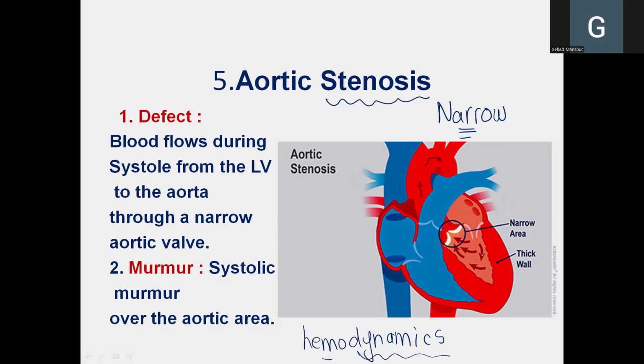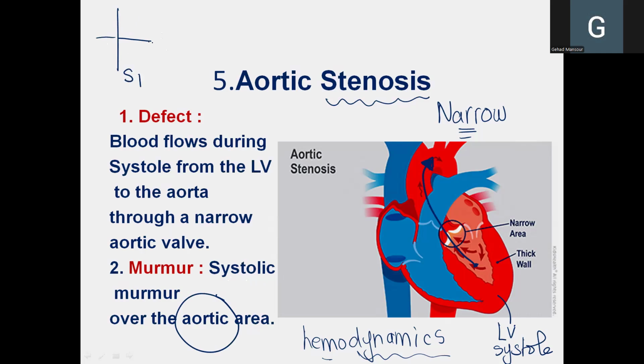So it will be seen when the left ventricle contracts, because during left ventricular systole the blood will pass from the left ventricle into the aorta through a narrow valve. So we will be hearing a systolic murmur, and that murmur during systole of the left ventricle will be best heard, of course, on the aortic area because it is originating from the aortic valve.